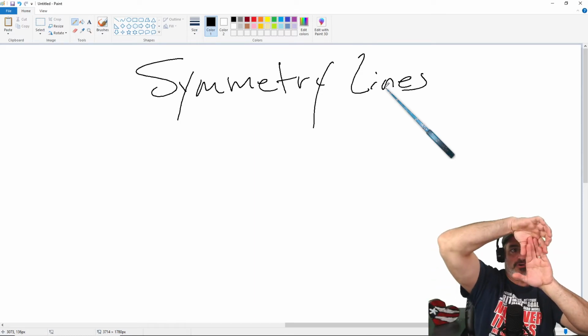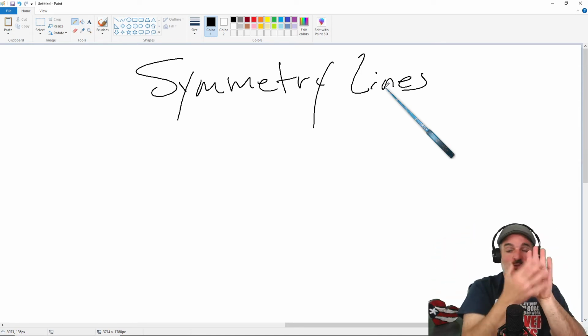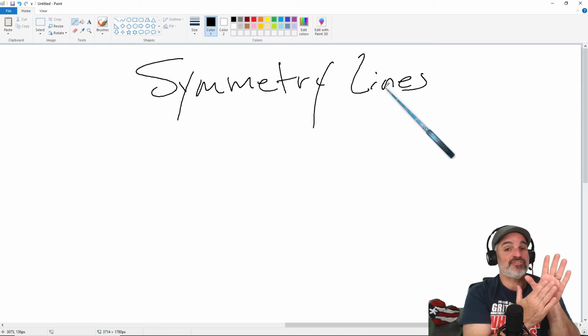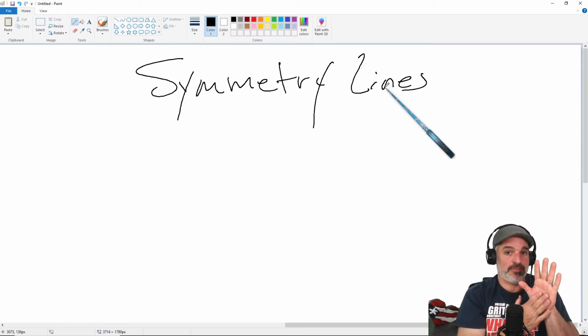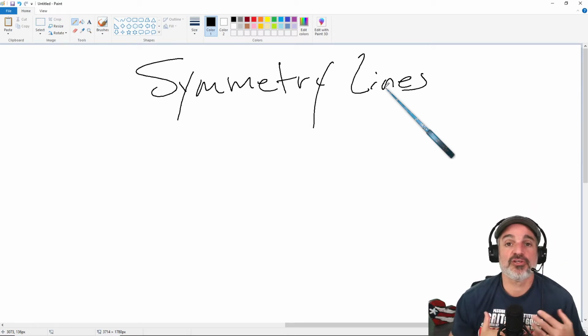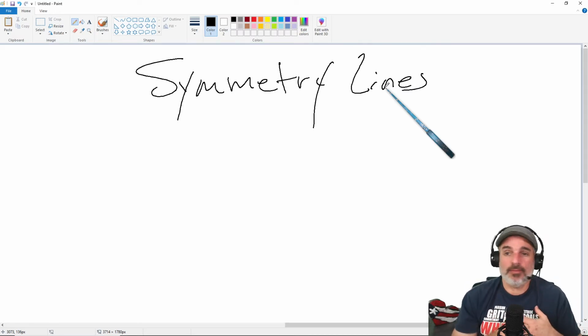So if I fold my hand by that line, the two halves do not match. That means that my hand doesn't have symmetry, or is asymmetrical. It doesn't have a symmetry line through that line. So some shapes are going to have symmetry lines because they have symmetry. Some shapes will not have symmetry lines because they are asymmetric.